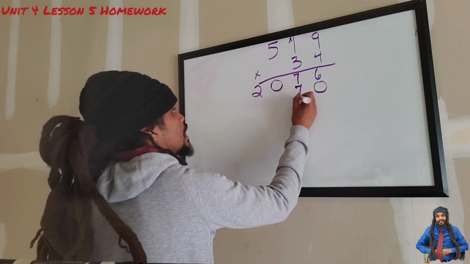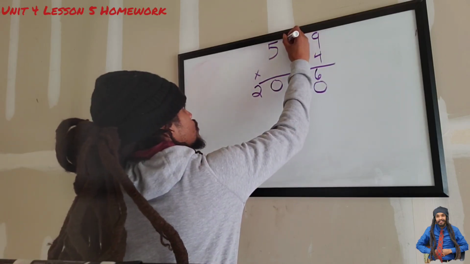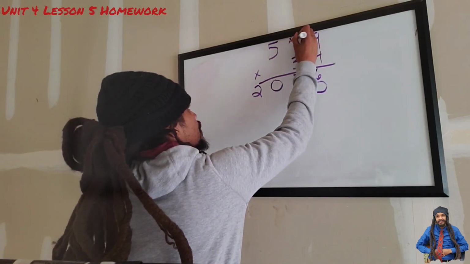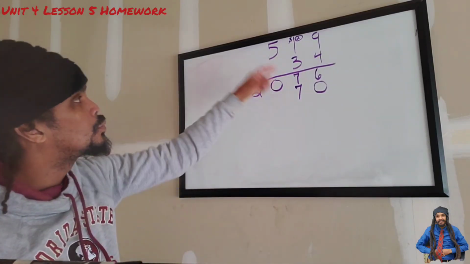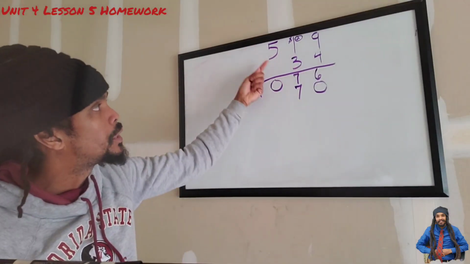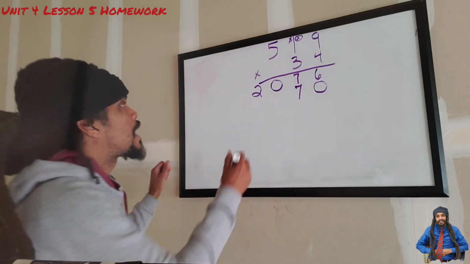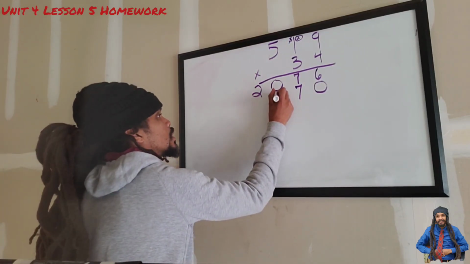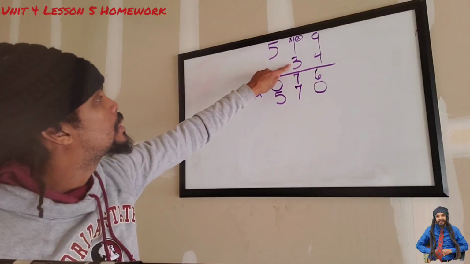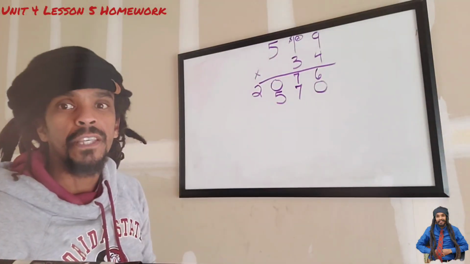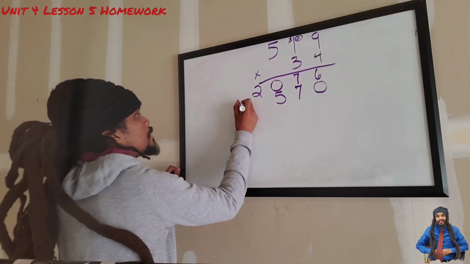Let's drop our 7 and raise our 2 up here. Now, 3 times 1 is 3, plus 2 is 5. So there we go, we got our 5. And now, finish up. 3 times 5 is 15. So let's go ahead and put our 15 down.